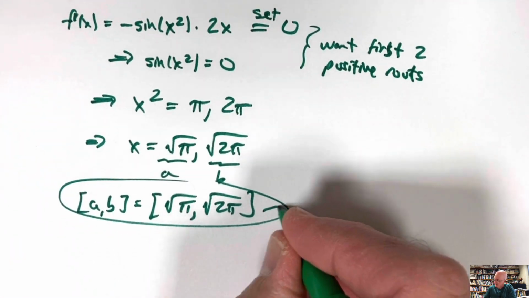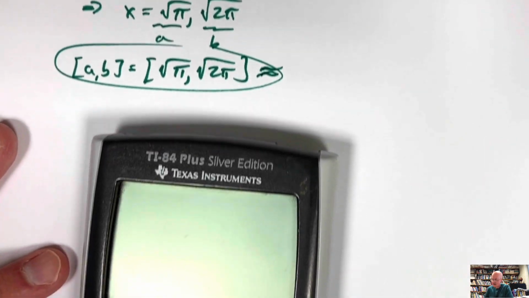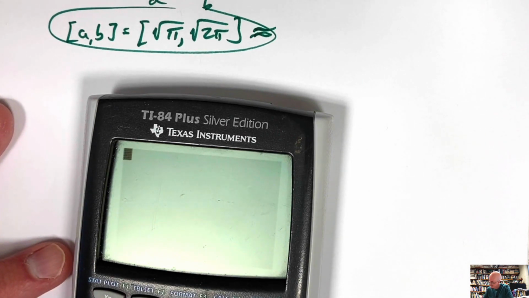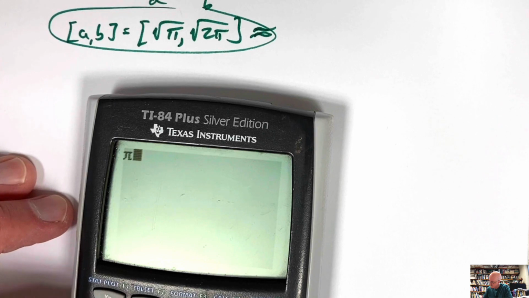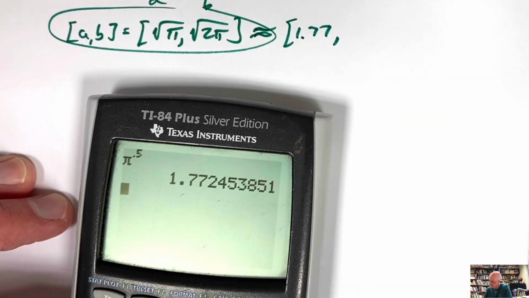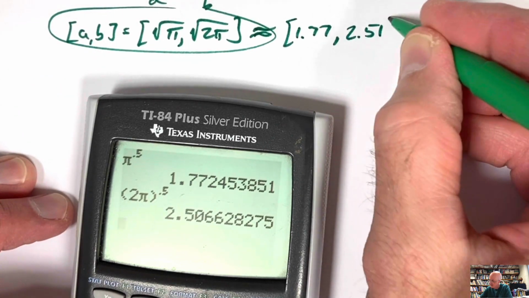Let's go ahead and approximate this as well, and even use the calculator to see that it does seem right. Square root of pi is pi to the 0.5 power, about 1.77. And square root of 2 pi would be 2 pi to the 0.5 power, about 2.51.